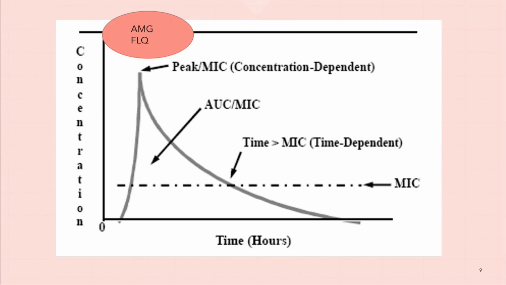So then the second group there, AUC to MIC, sometimes you hear it described as concentration dependent with time dependency. It truly is a middle category between the two. So AUC to MIC, or area under the curve, is thinking about the overall drug exposure within a period of time.